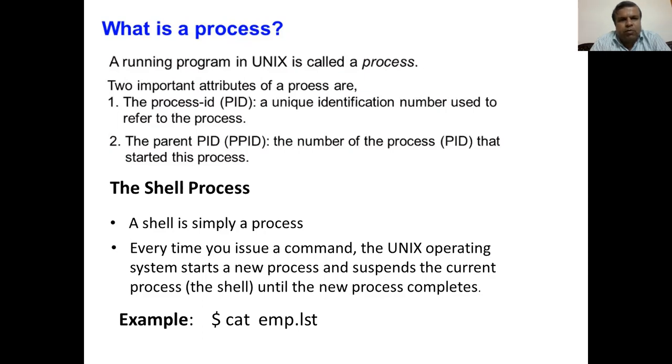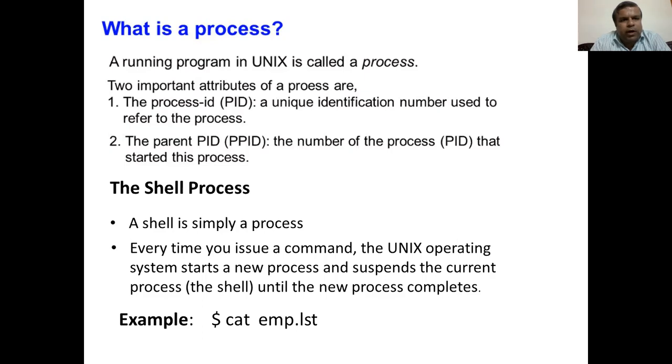Then who is responsible for managing all these processes? The kernel is responsible for managing all these processes. As you know that files have attributes, similarly, the processes also have attributes.